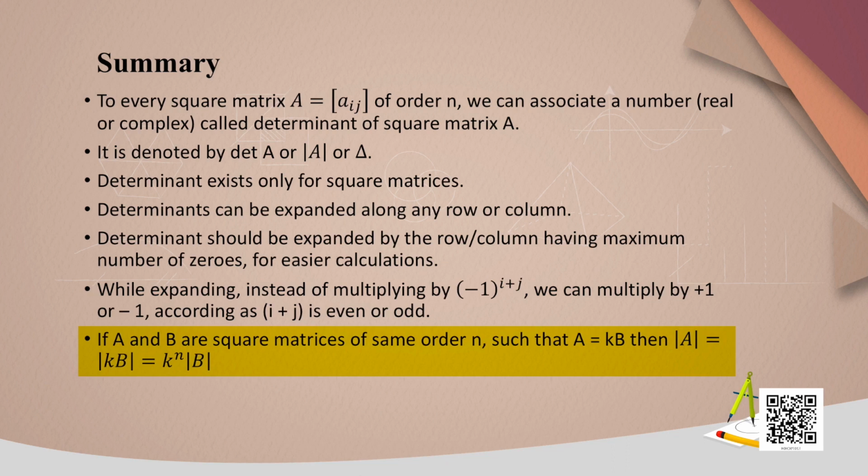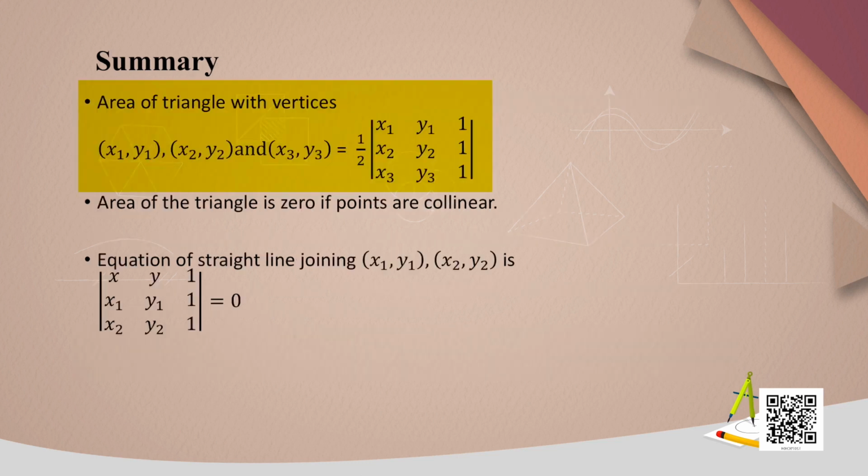If A and B are square matrices of the same order such that A is equal to K times B, then you can use this property that determinant A is equal to determinant of K times B. You take K common, it becomes K raised to power n. Area of triangle with given 3 vertices can be taken as half times this determinant consisting of vertex 1, vertex 2, vertex 3 and last column 3 is consisting of only ones.